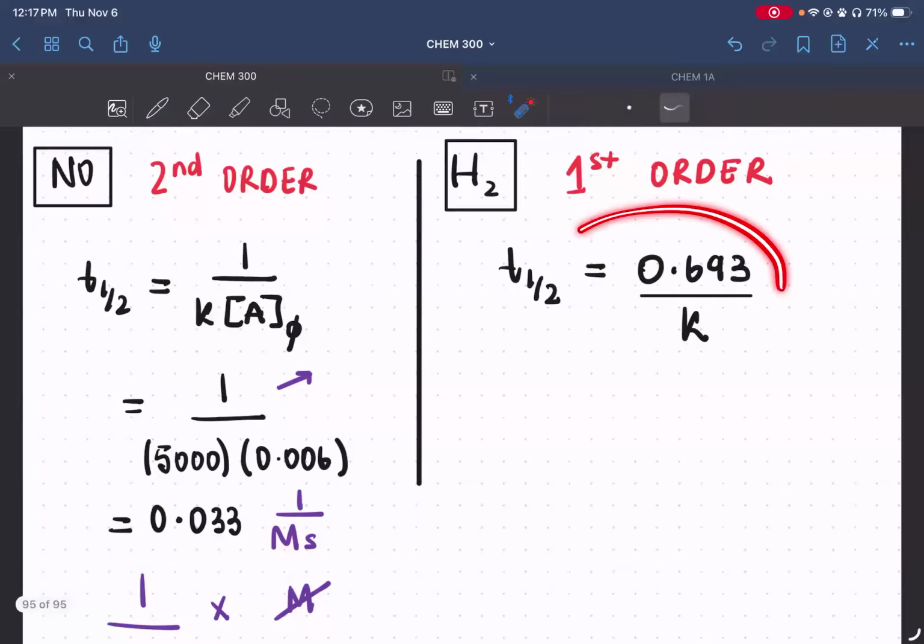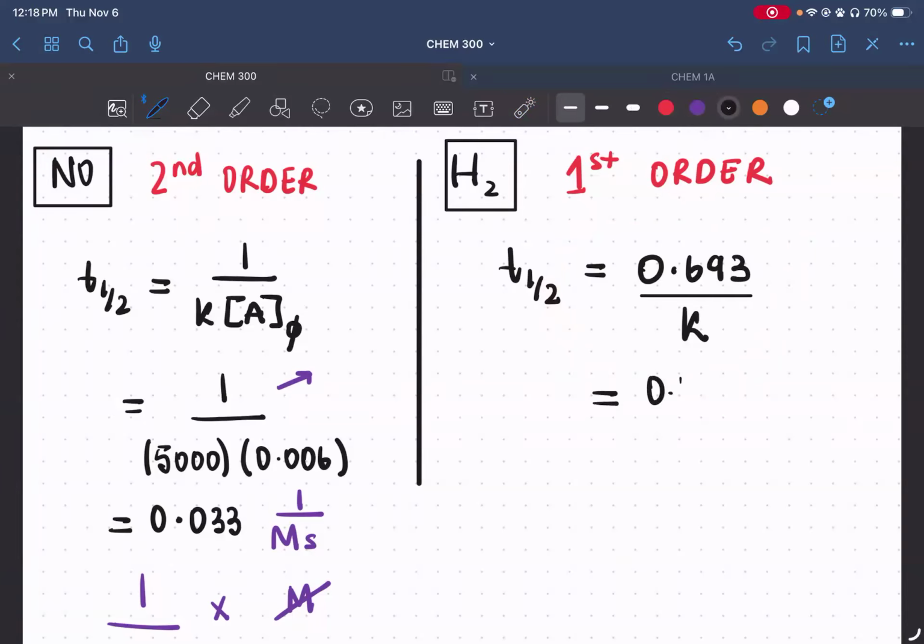We can apply the same logic to calculating the half-life of H2. This will be equal to a constant 0.693 divided by the rate constant, which is 5,000. Recognize in this case, you don't need concentrations. Why?